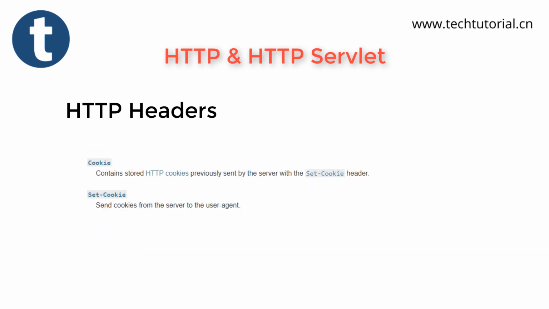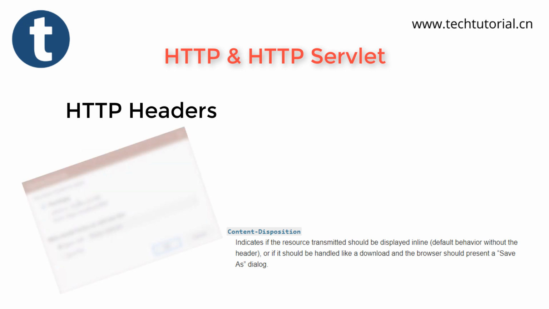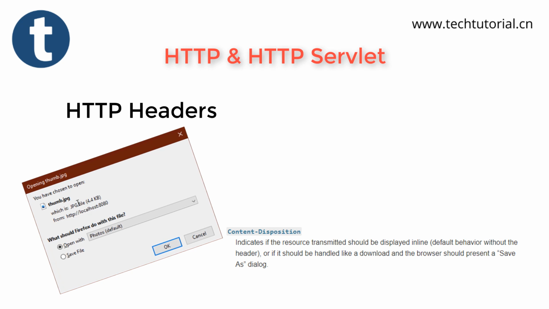Another is Cookie, Set-Cookie. Then another HTTP header is Content-Disposition. Basically, when we want to download a file, on clicking download, maybe you will see a pop-up to save the file. At that time we use Content-Disposition.